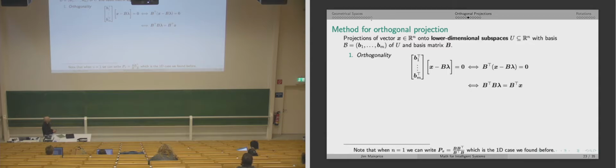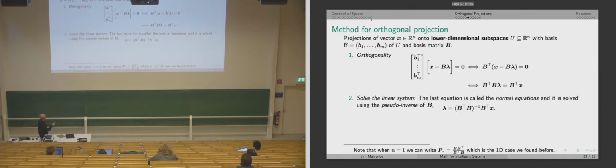So we can multiply by the inverse of this on the left side, and we have lambda equal to B transpose B inverse times B transpose X. This system of equations is called the normal equations, and it is solved by the pseudo-inverse of B.